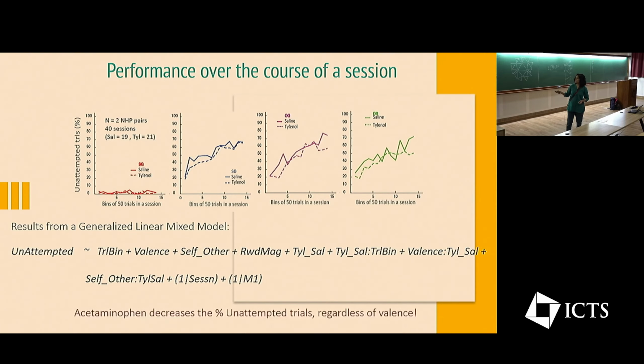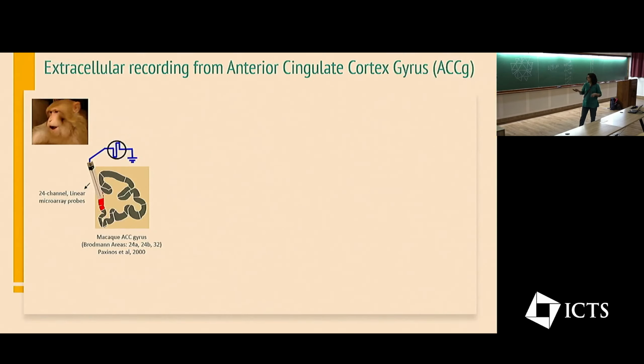And that is what we got from this regression analysis as well, that acetaminophen decreases the unattempted trials regardless of valence, which is consistent with what we found in human studies before, right? No matter what the valence or pleasantness of the outcome was for others, positive or negative, the painkiller reduced that affective reaction even in humans. So that kind of parallel is interesting.